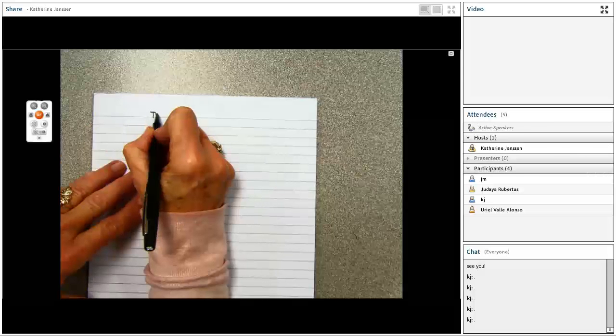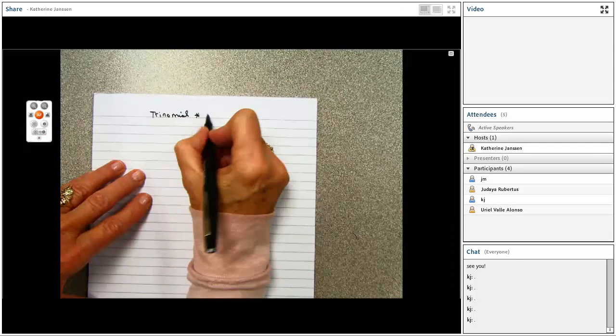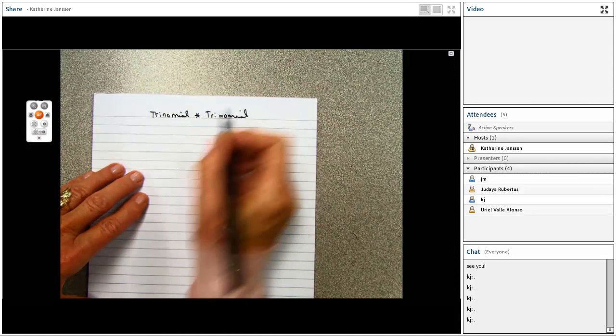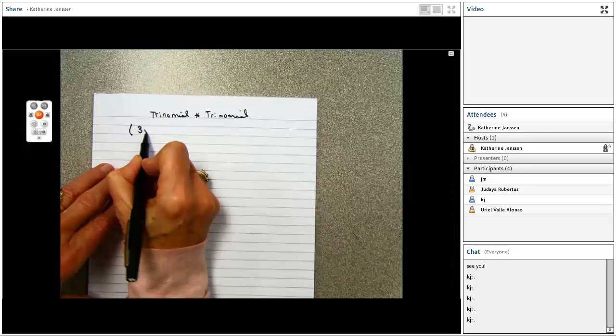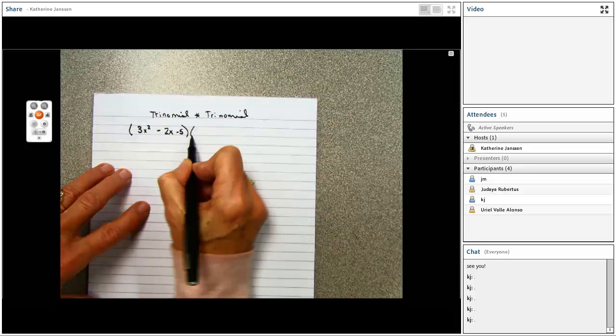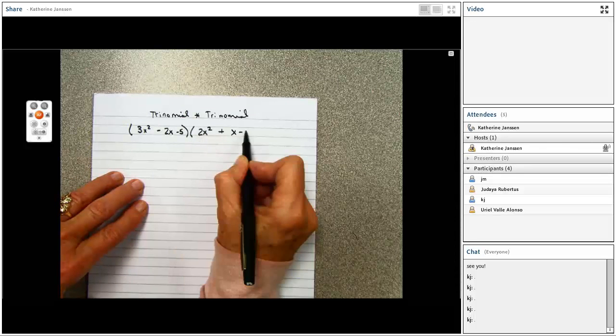Another trinomial times a trinomial. Three x squared minus 2x minus 5 times the quantity 2x squared plus x minus 2.